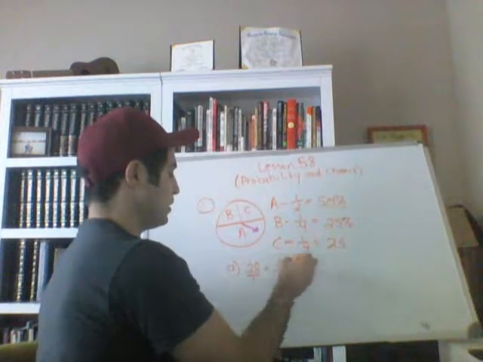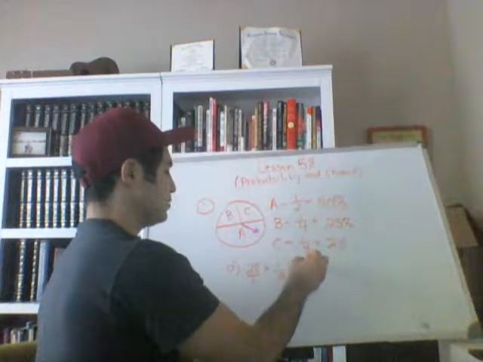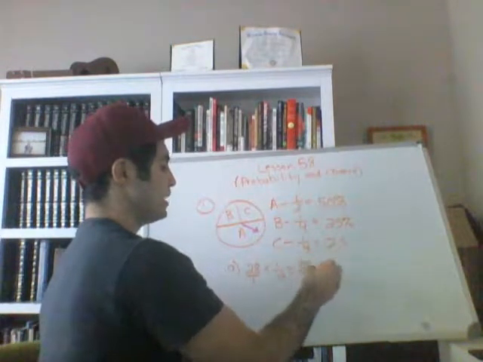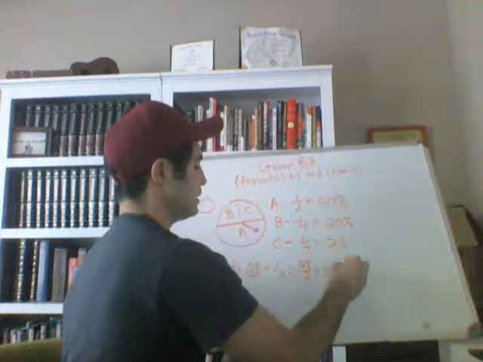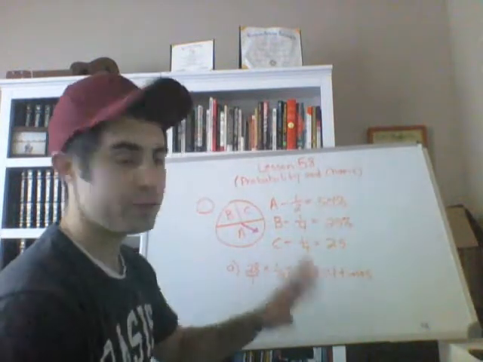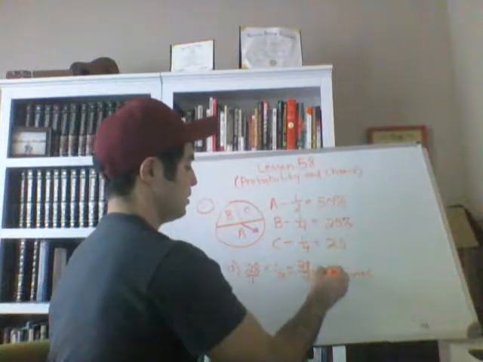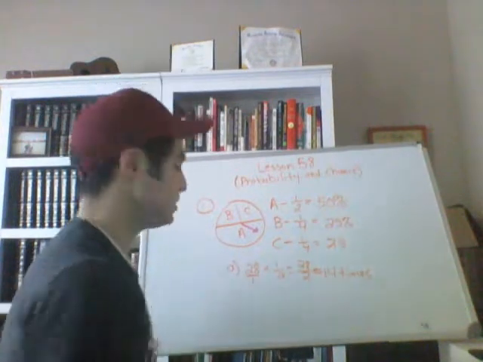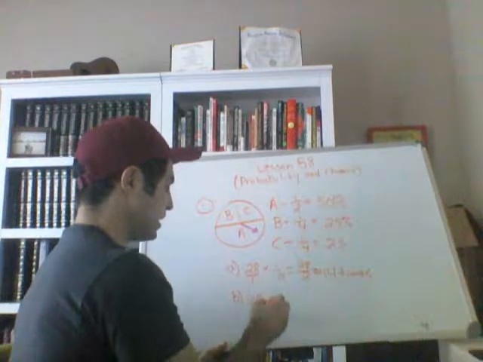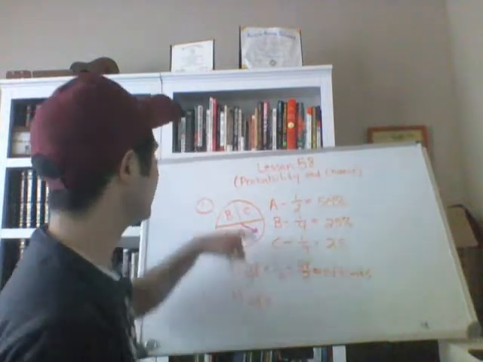Put it over 1. 28 times 1 is 28. 1 times 2 is 2. Top divided by bottom. 28 divided by 2 is going to be 14 times. It would land on A about, I'm going to put about 14 times. Now, if you spun the spinner 28 times, about how many times would it land on C?